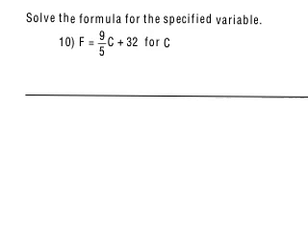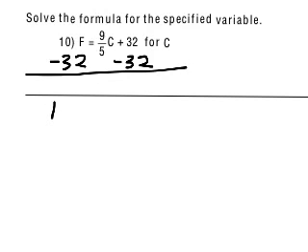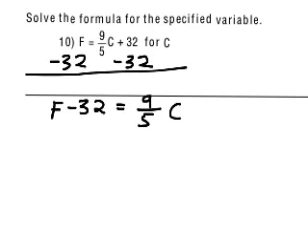Alright, so to start off, to isolate our variable, to get it alone, we're going to add a negative 32 to both sides. Okay, so that gives us f minus 32 equals 9/5 c.